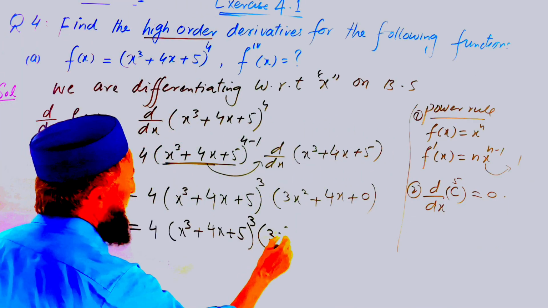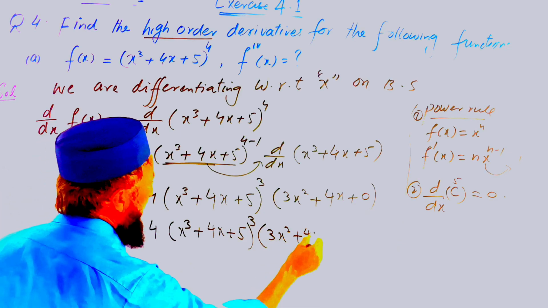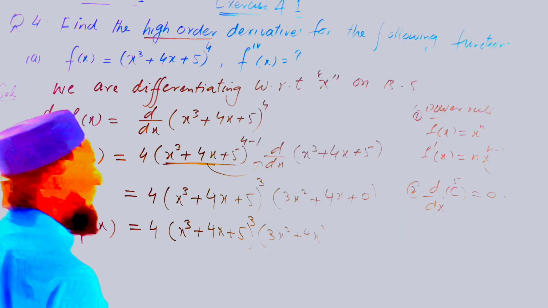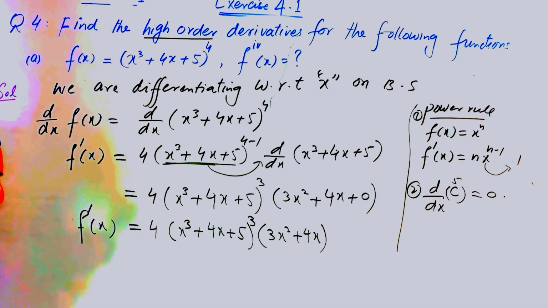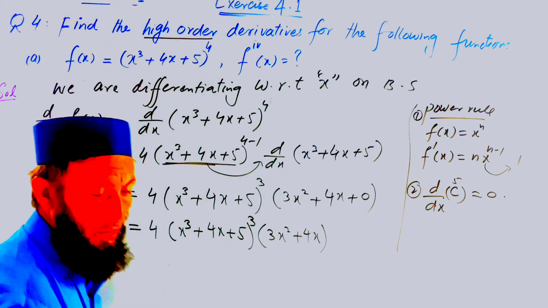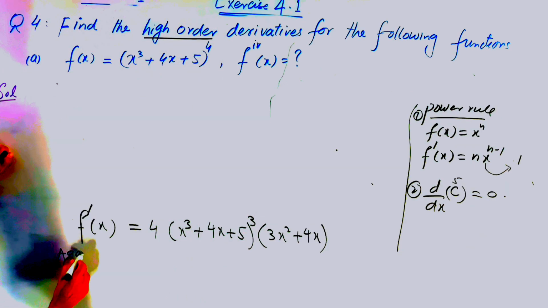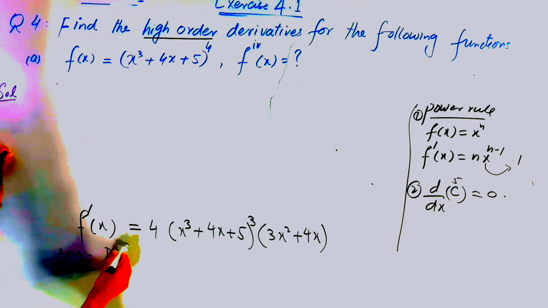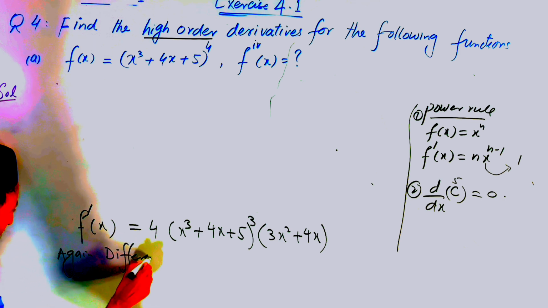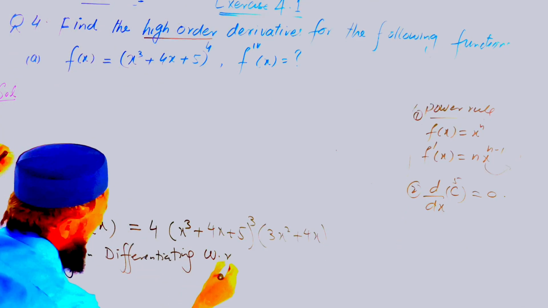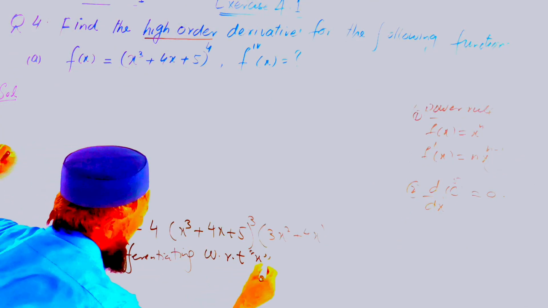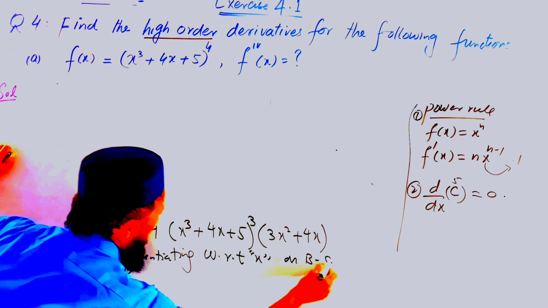Now x square plus 4x is available, so we are using the multiplication rule, or product rule, here. Again differentiating with respect to x on both sides of this equation.